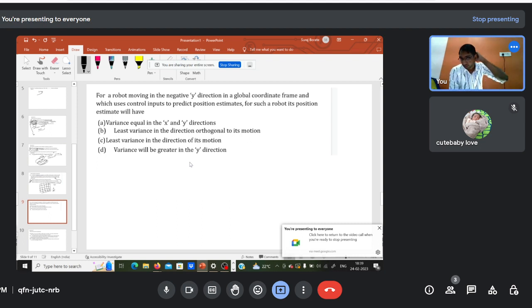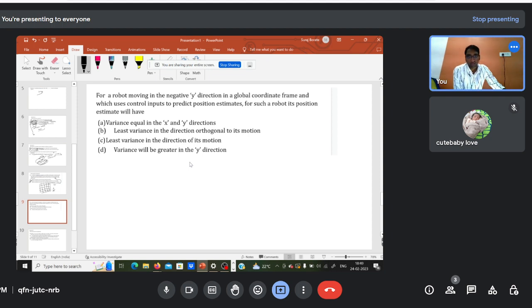So the idea is that the robot is already moving in the negative y direction, and it is using control inputs to predict the position estimates. The word here is estimate, and what it is using is the control input.